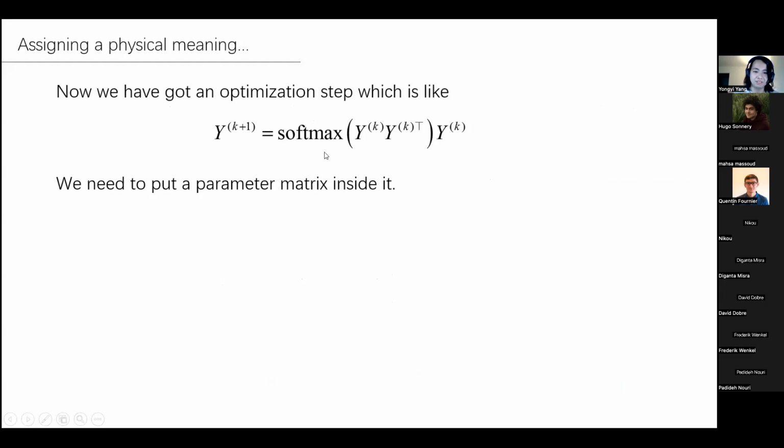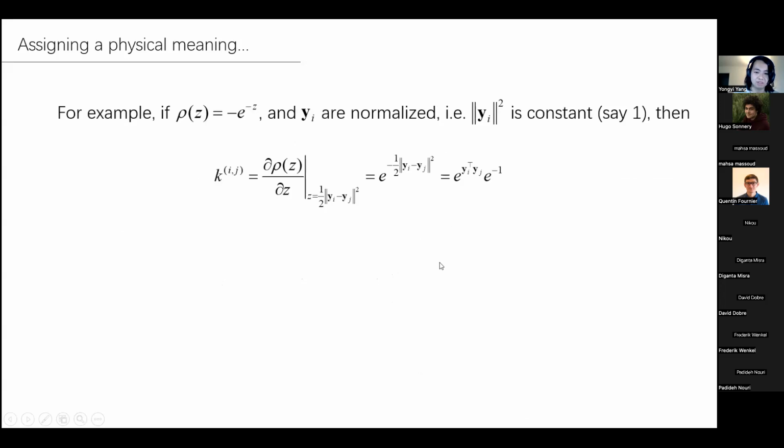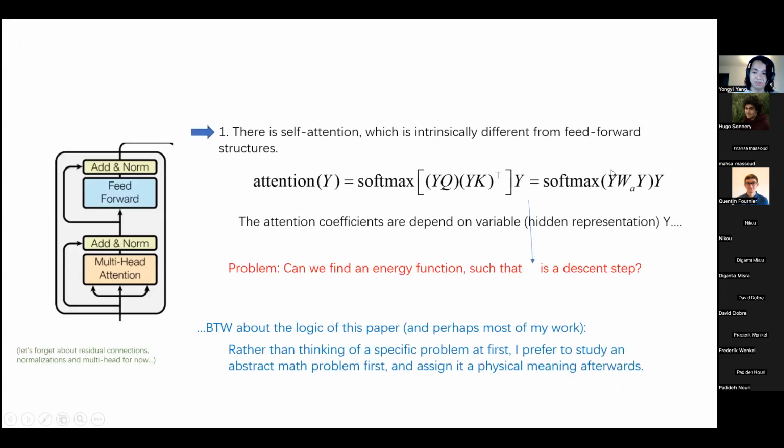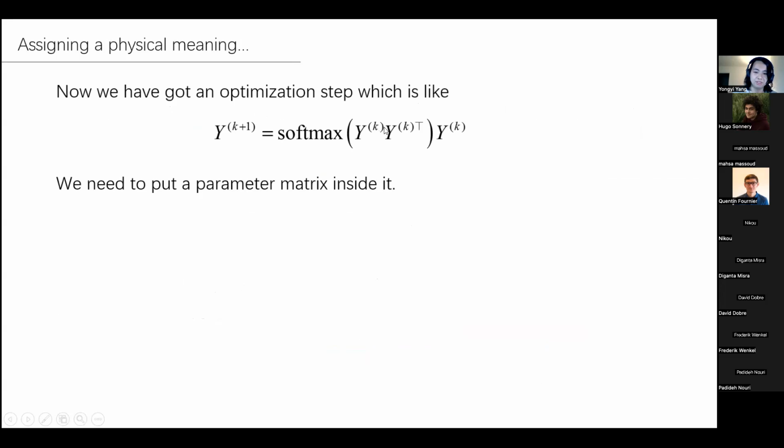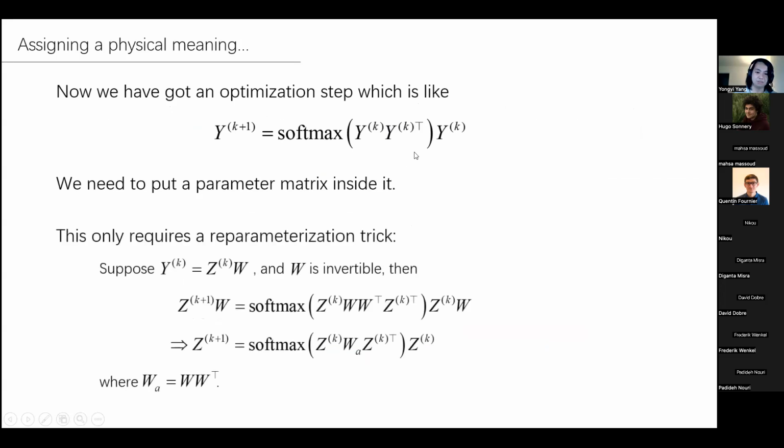It looks like this, but it is still different from what we want. Recall that what we want is a transformation inside the softmax, which is a model parameter to be trained. But what we got has no parameters inside the softmax. We can fix that with a simple reparameterization trick.